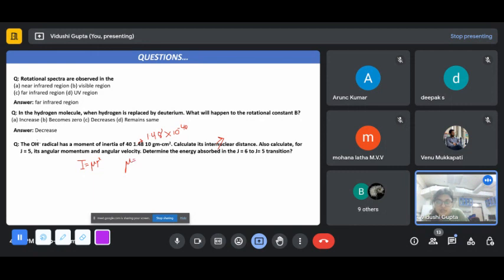So it will be mass of O multiplied by mass of H, then the addition of both the masses. So it will be 1 into 16 divided by 1 plus 16.